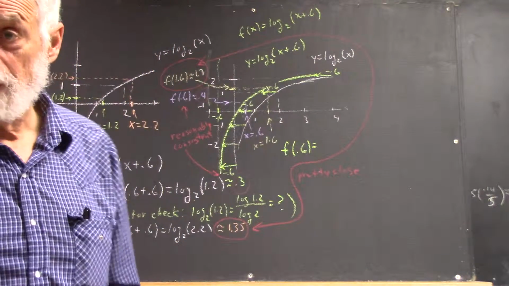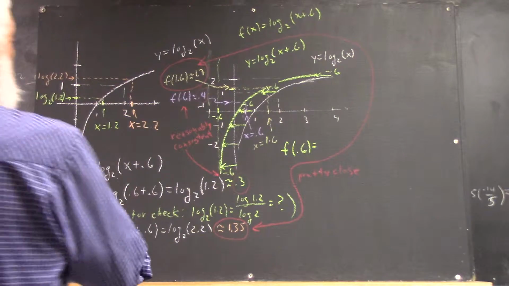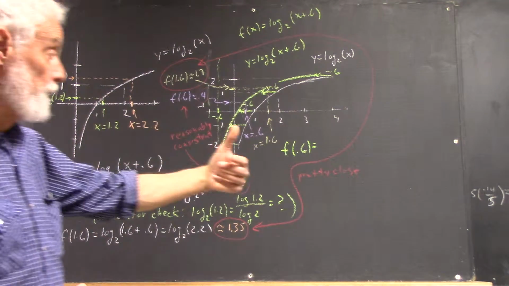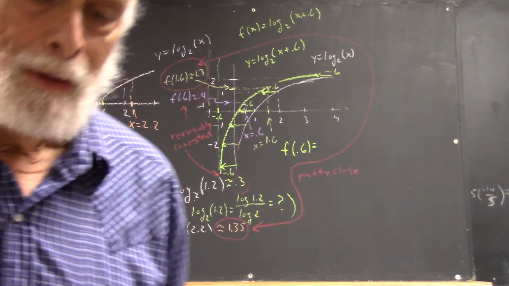Okay? Now I think it would be well to think through what this example shows us about shifting functions and about why you've got to shift the function to the left. Okay? Think about it.